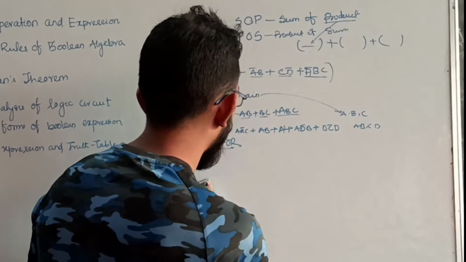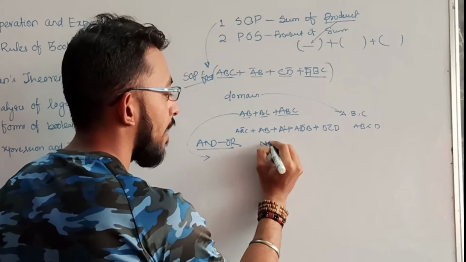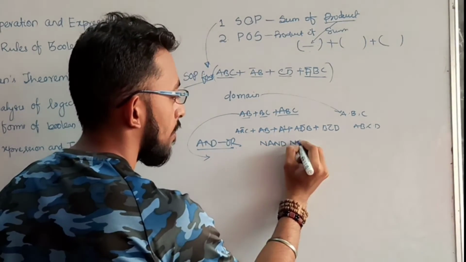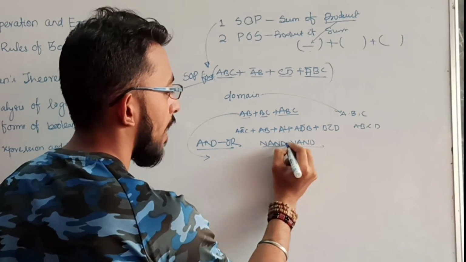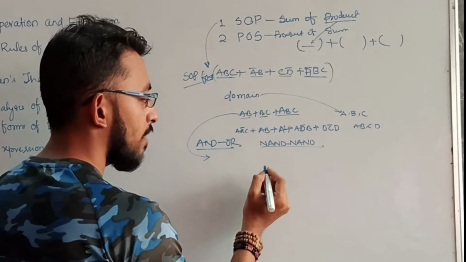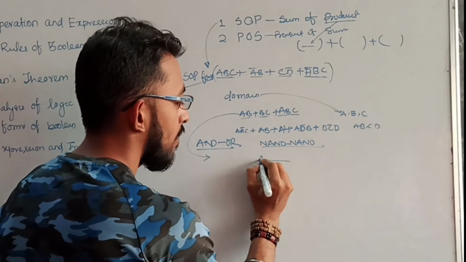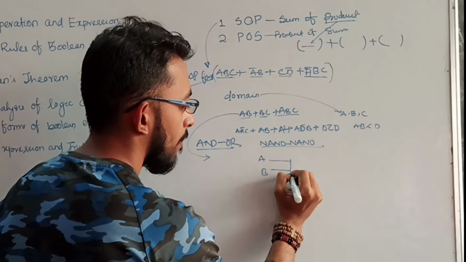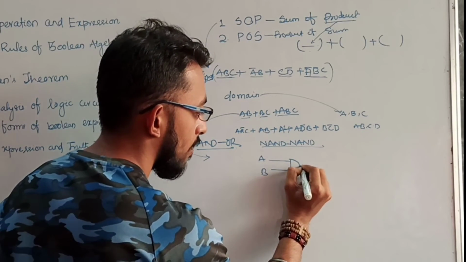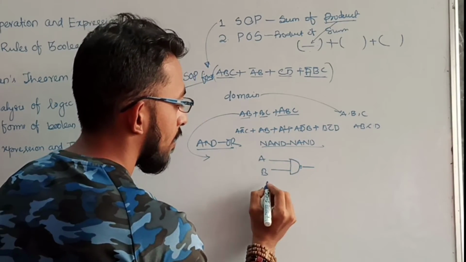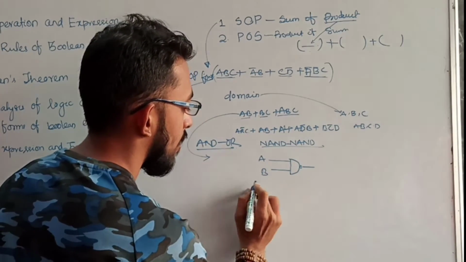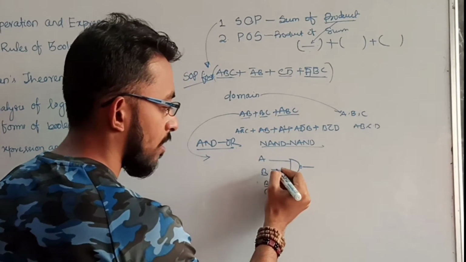A second way of representation is called NAND representation. How to represent it with NAND? This same expression can be done. This is A, this is B. First I have to take one NAND gate. Again, B, C. I am not taking from here.